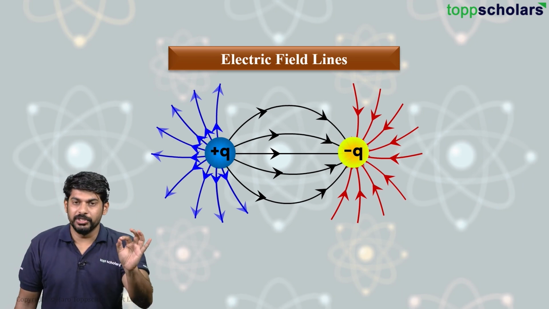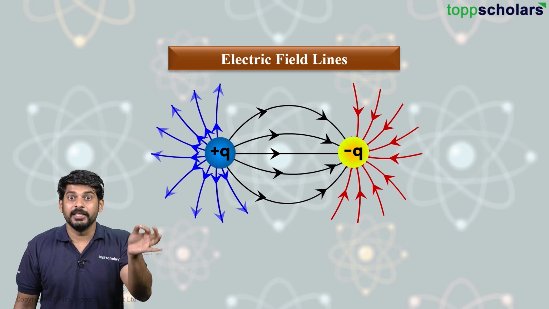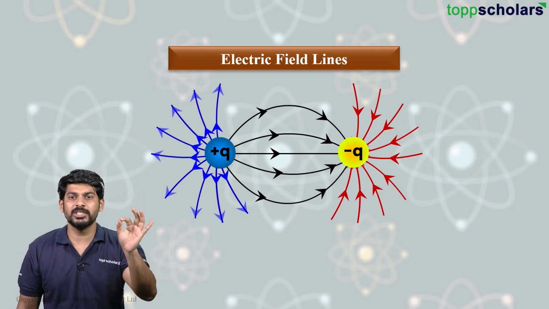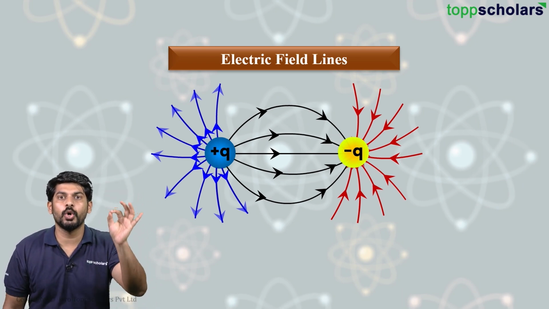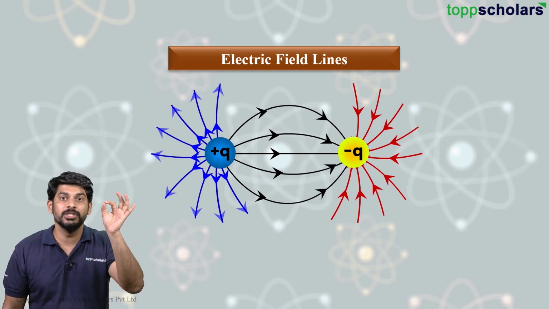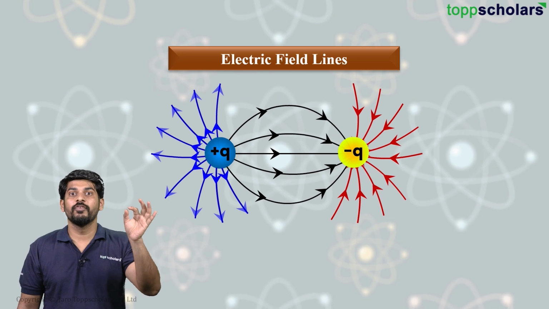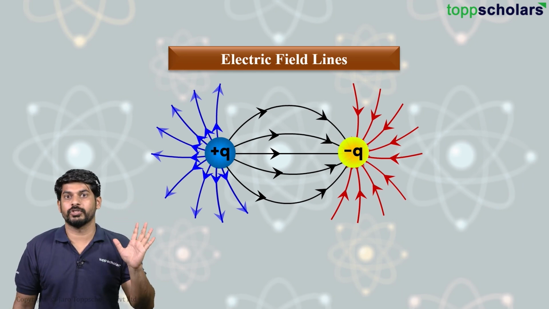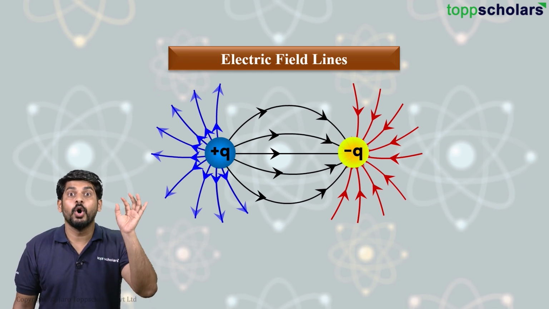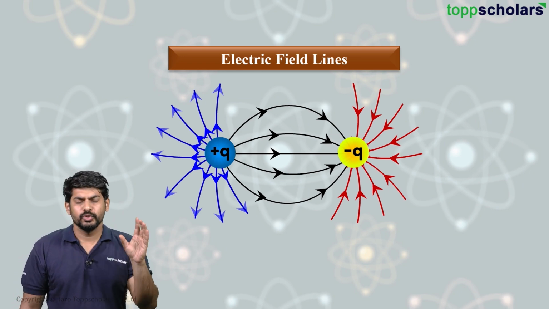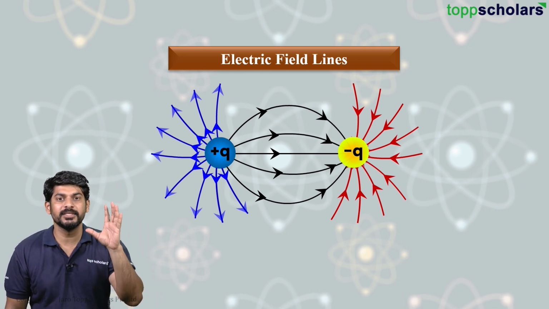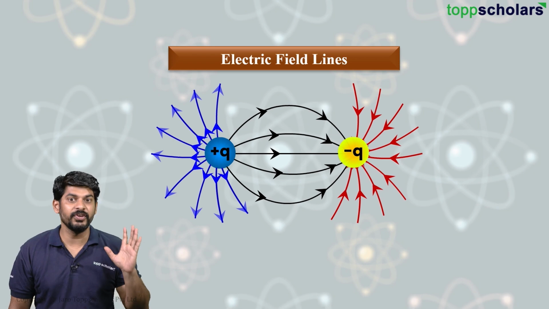So this is the simplest definition of electric field lines.